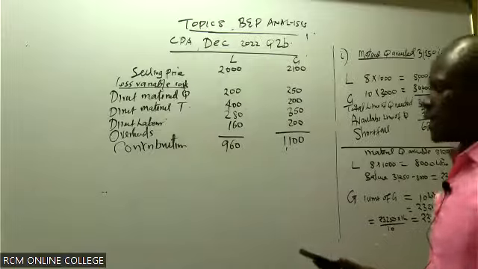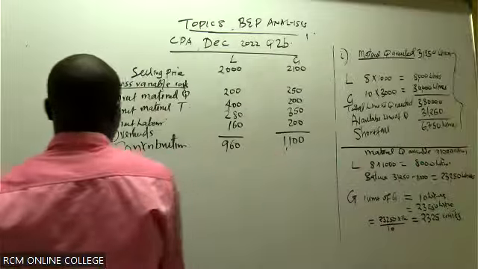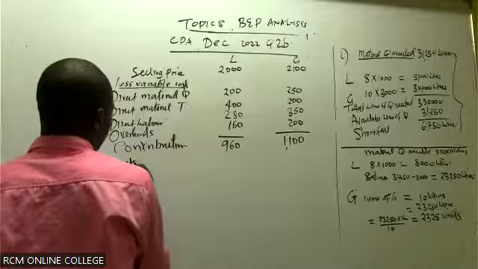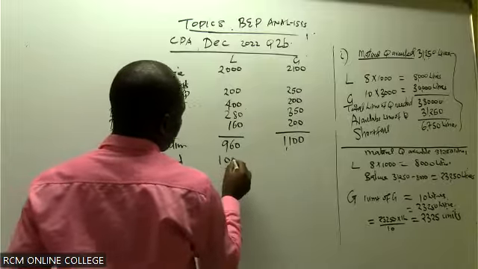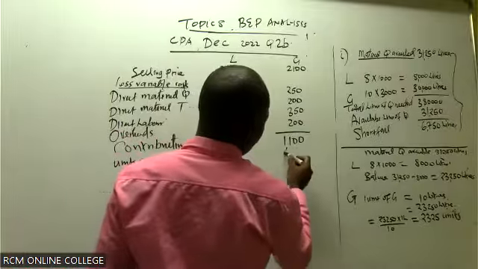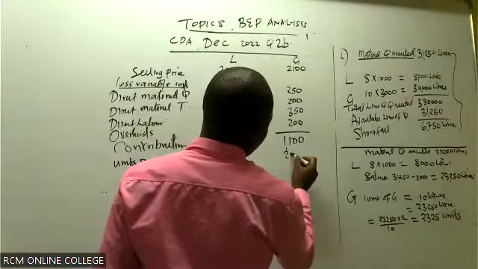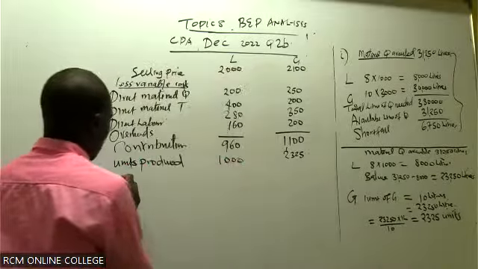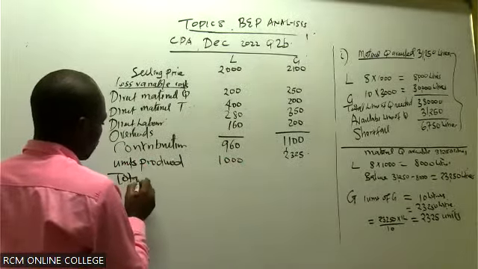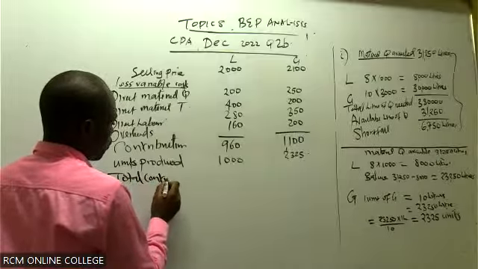So having done that, let me now bring the units produced. They managed to produce 1,000. They managed to produce 2,325. Total contribution.